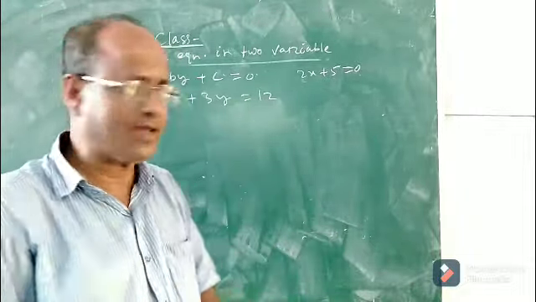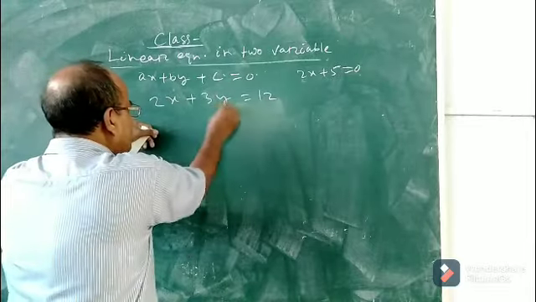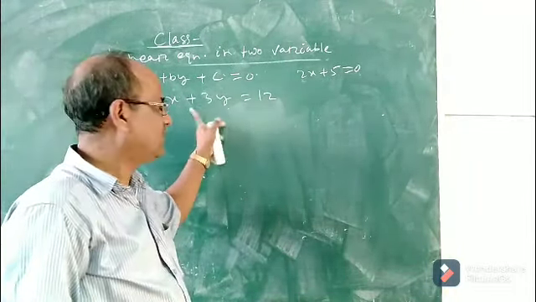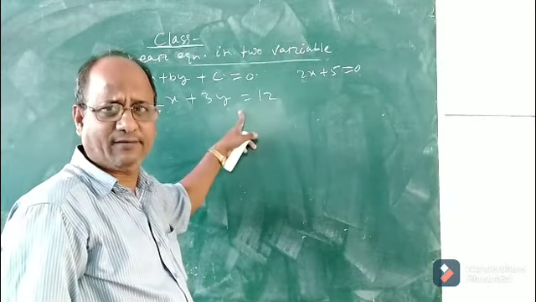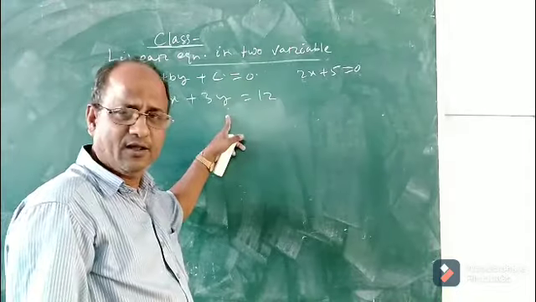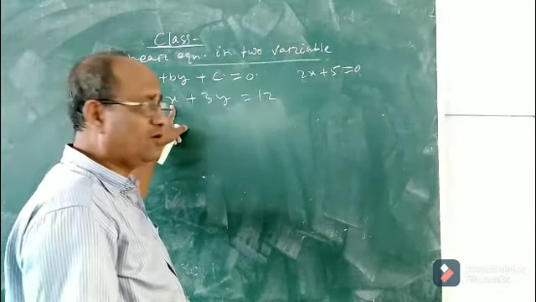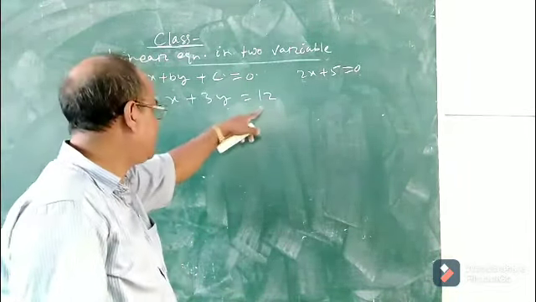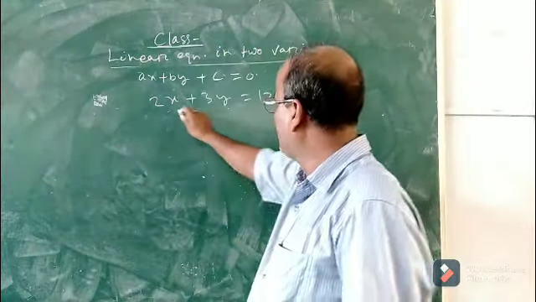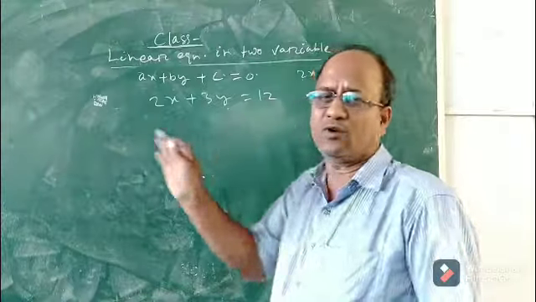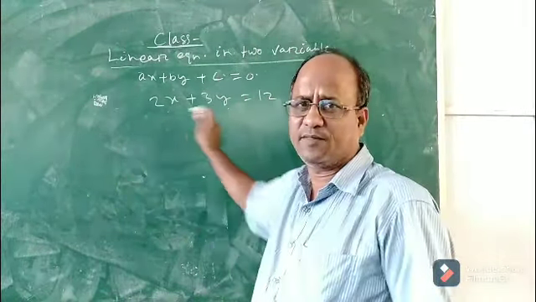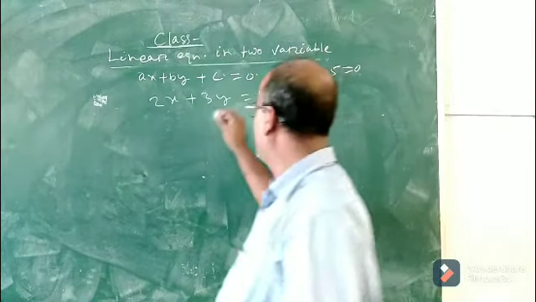In order to find the solution of this linear equation in two variables, we have to find the value of x and y. There are two variables, so one value of x and another value of y must satisfy this equation. We will verify how many solutions later. Let us see what is a solution of this linear equation in two variables.